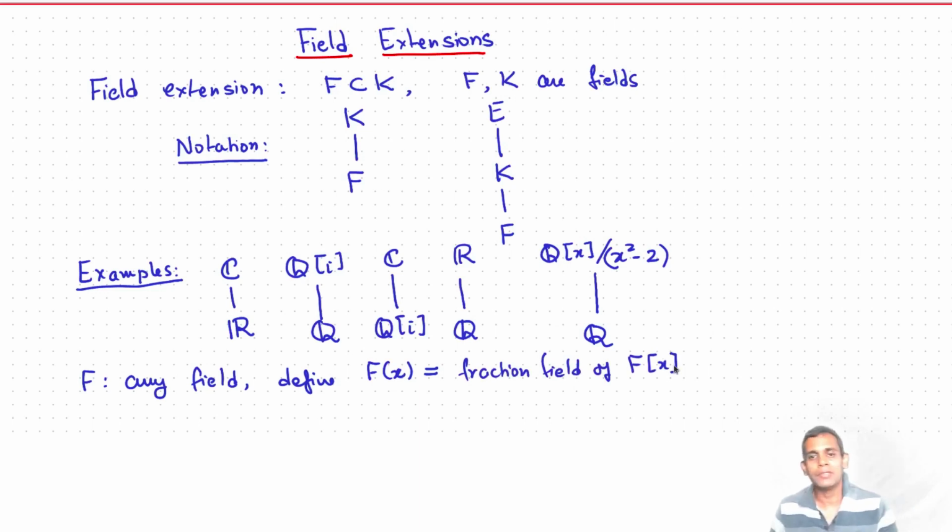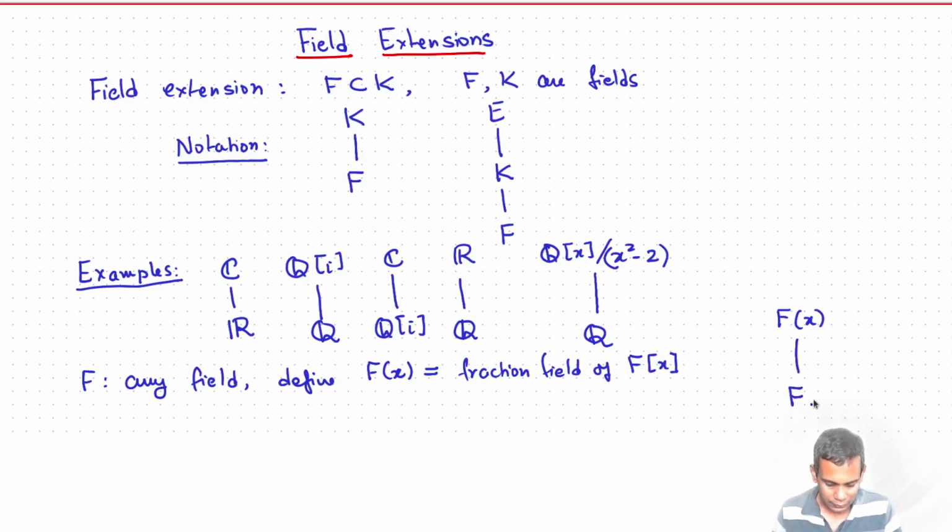So an element of this field is a ratio of two polynomials with coefficients in F in the variable x. And this is a field, and this contains the field F. So here's another example of a field extension: F(x) contains F.